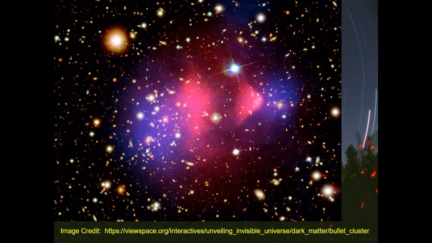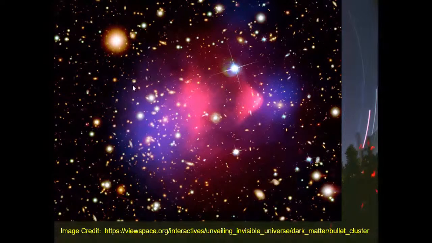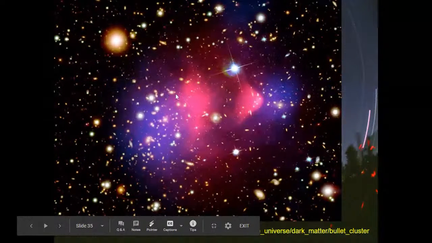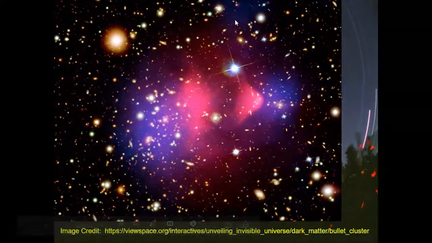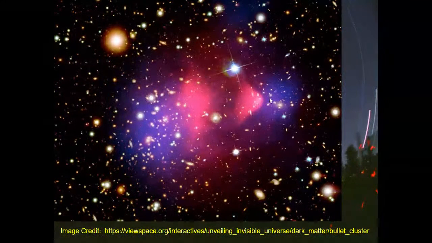You remember, dark matter cannot be seen in any other wave band. It can only be inferred from its gravitational influence, and the mapping of the dark matter, which is shown in blue, has been done by how a source which is behind the two interacting clusters of galaxies has been gravitationally lensed.